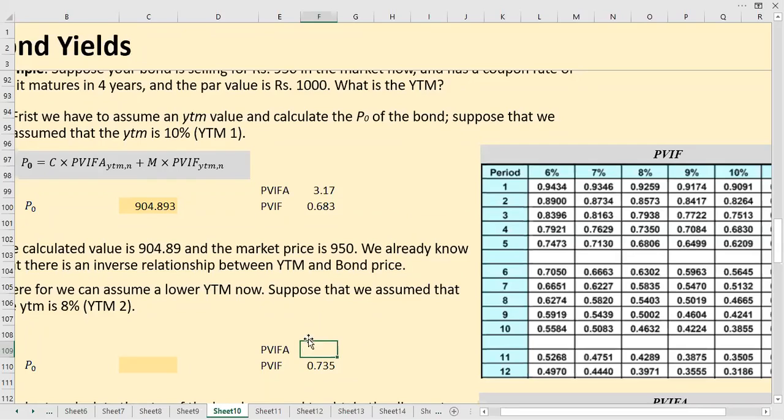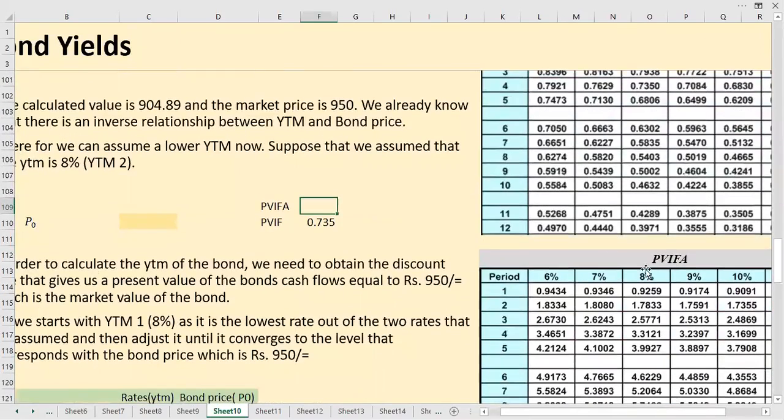And for the PVIFA, again I'm going to go to 8%, 4 years. So you get 3.3121. I'm going to put here 3.3121. Again I'm going to calculate the value.